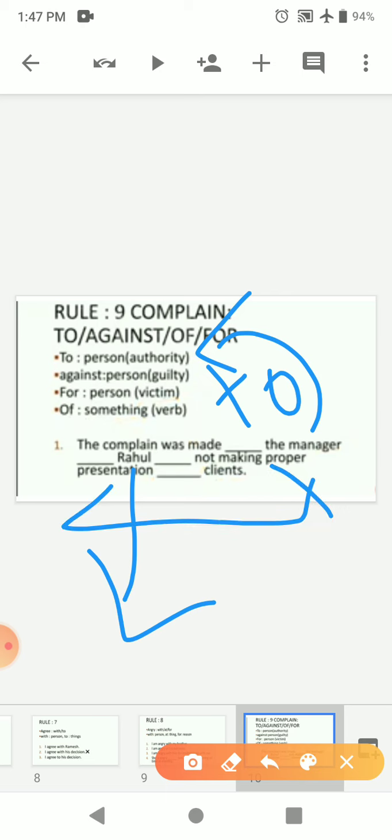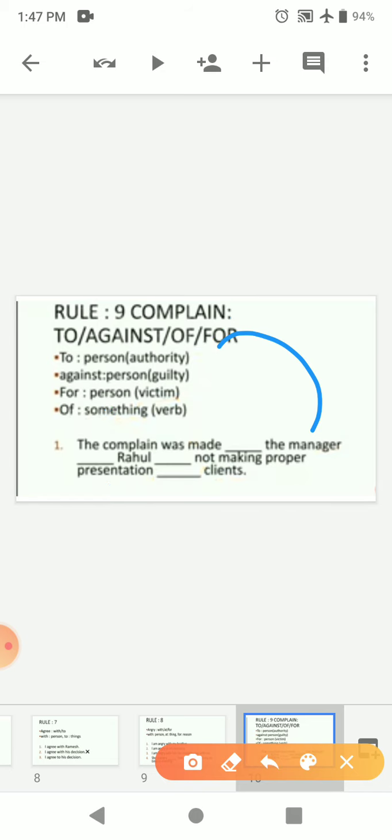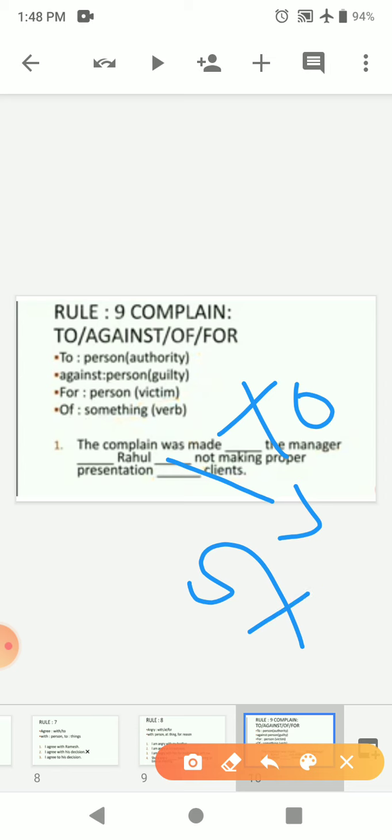Reason is here. Whenever you have a reason, you are talking about that issue, you use of. So the complaint was made to the manager dash Rahul, not making proper presentation, means a reason, the actual issue of not making presentation dash clients.